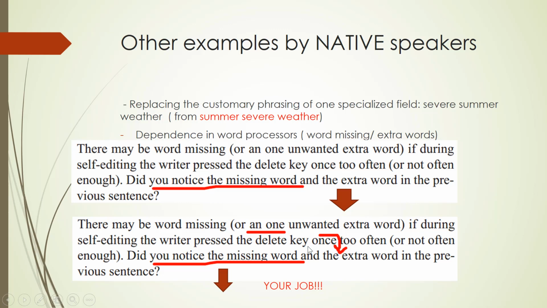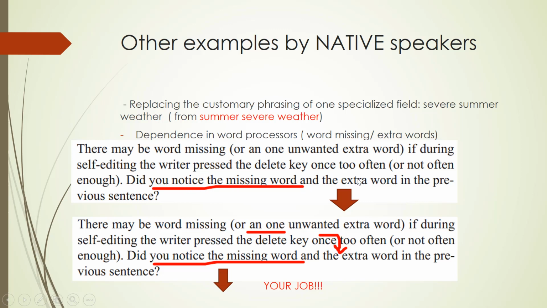Or another example is like this: when the native speaker or writer depends too much on the word processor, they can have some words missing or some words that are added, some actual words. Look at this sentence. There may be a word missing or one unwanted actual word if during self-editing the writer pressed the delete key once too often or not often enough. Did you notice the missing word?